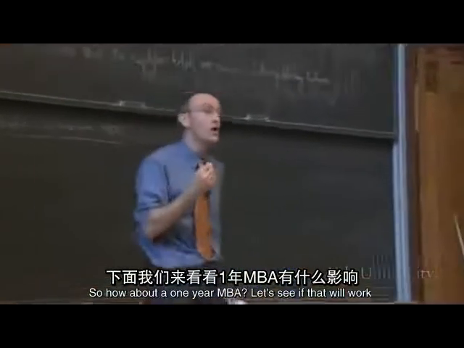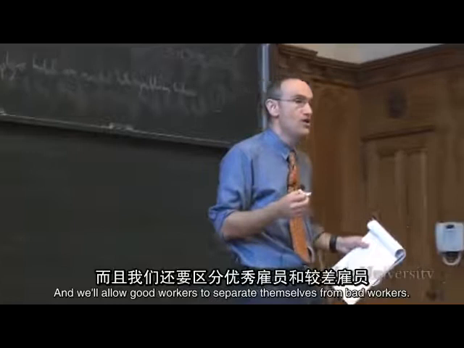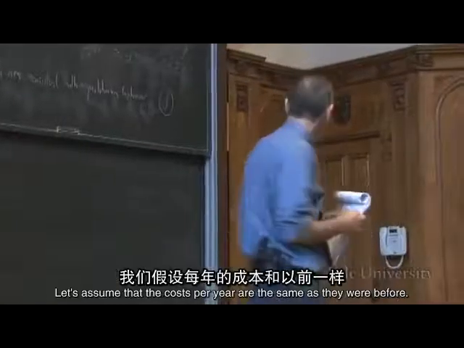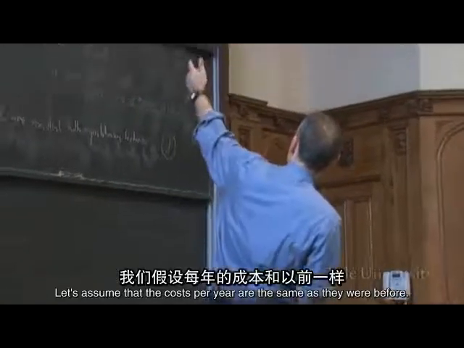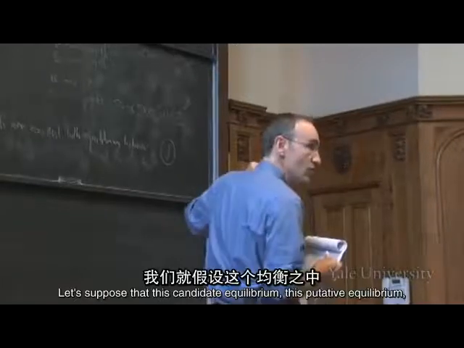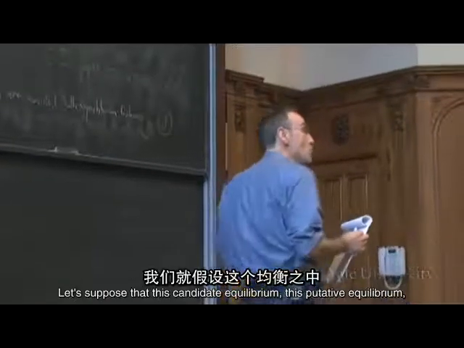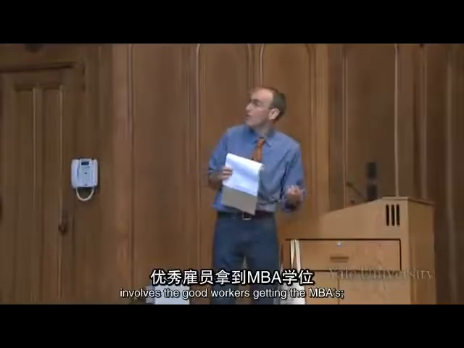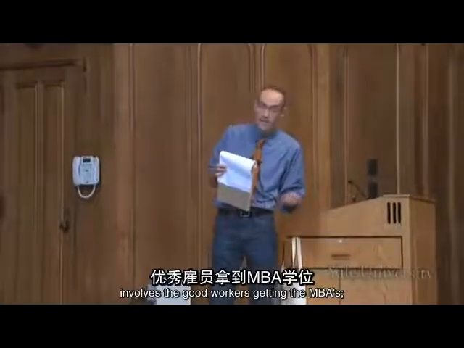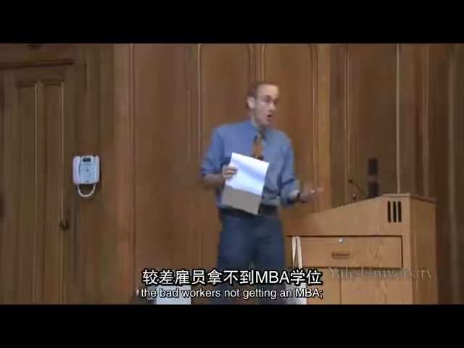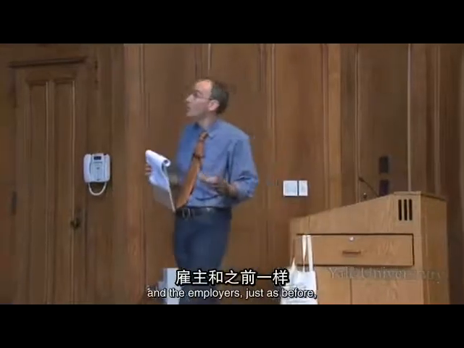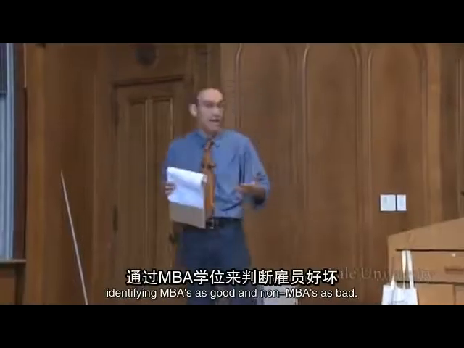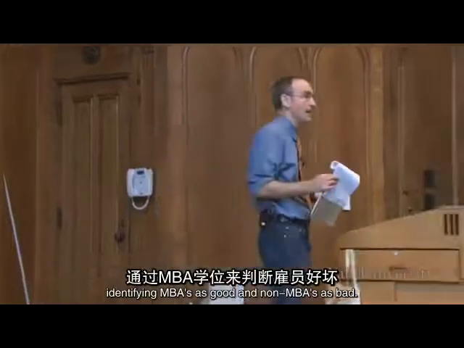Let's see if that will work and will allow good workers to separate themselves from bad workers. Let's assume that the costs per year are the same as before. And let's suppose that this putative equilibrium involves the good workers getting the MBAs, the bad workers not getting an MBA, and the employers, just as before, identifying MBAs as good and non-MBAs as bad.